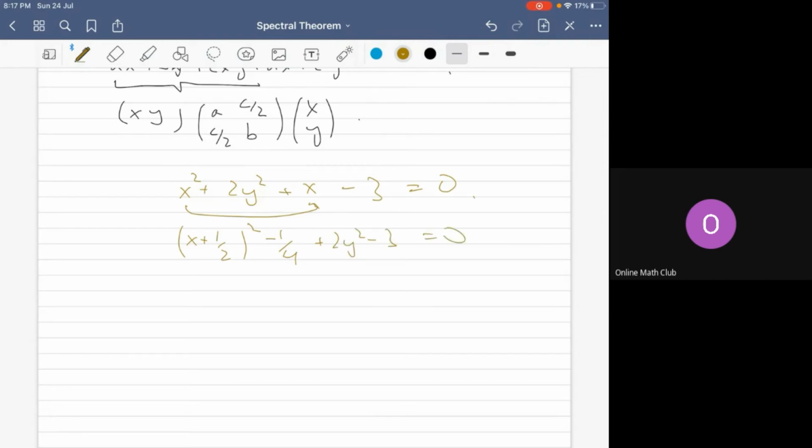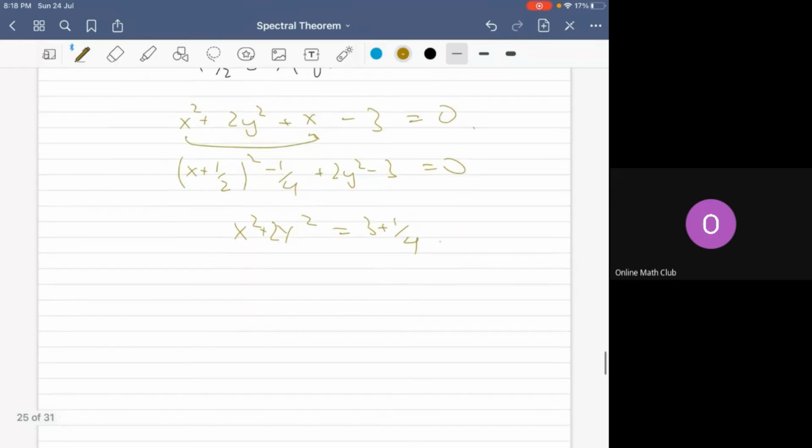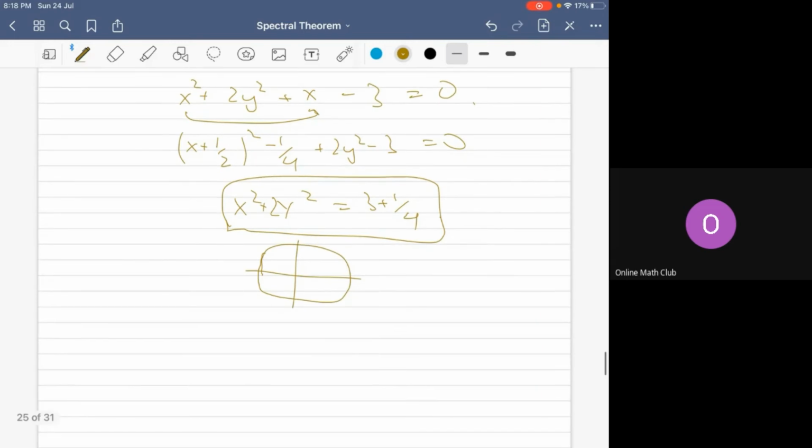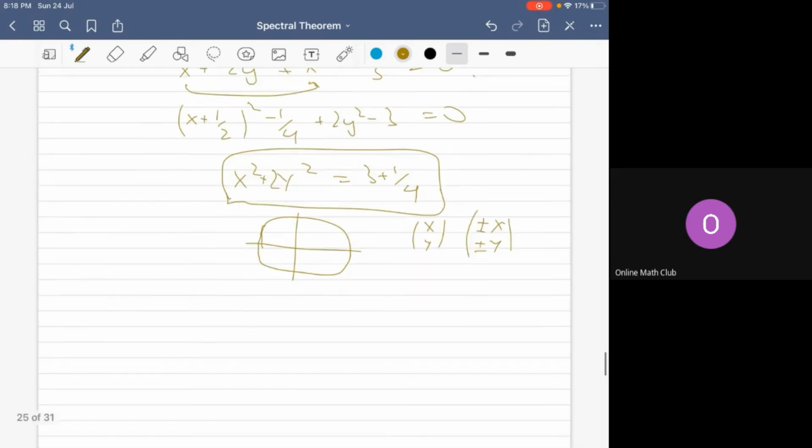And then this would be essentially congruent to the conic x squared plus 2y squared is 3 plus 1 by 4, which would be an ellipse. And the symmetry properties for these would be obvious, because if (x, y) belongs, then (minus x, plus minus y) belongs for any choice of plus minuses.